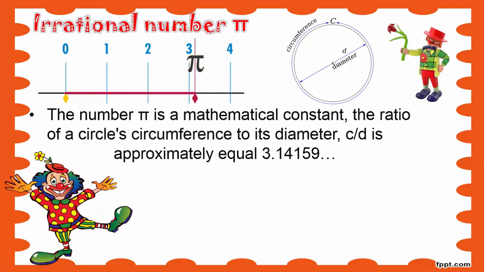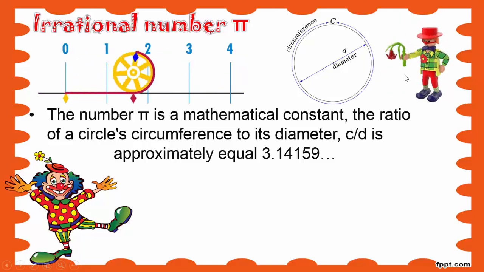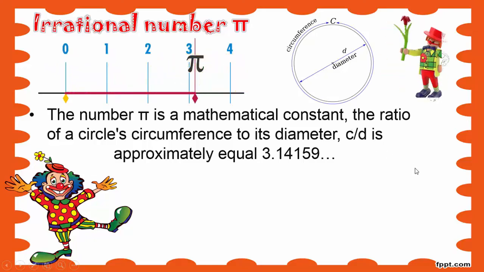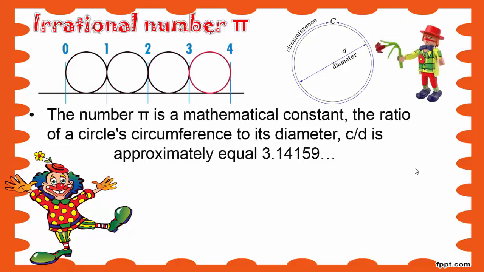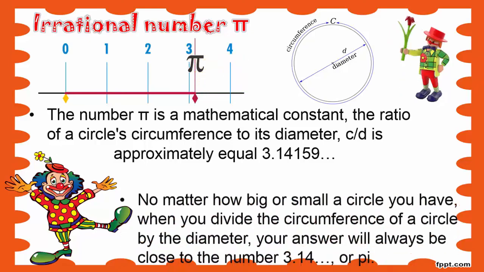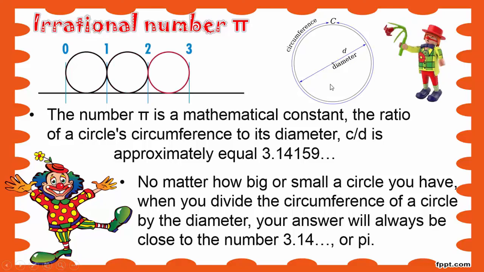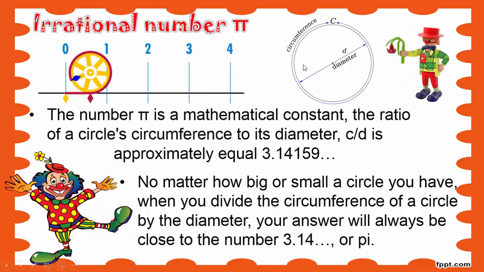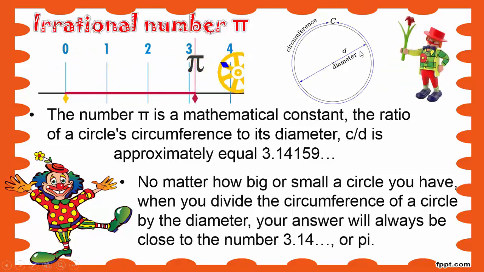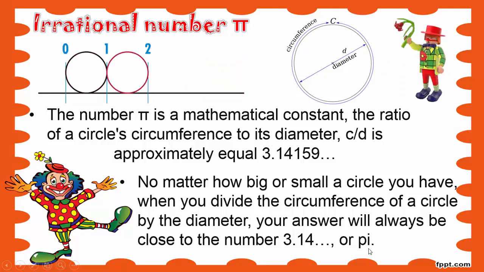Many mathematicians for years and years have tried to bring it out to the billionth and the trillionth and the quadrillionth decimal, and no mathematician has yet found a pattern where there's some kind of repetition or termination. And as mentioned, no matter how big or how small the circle is, the relationship of the circumference divided by the diameter is always 3.14, or pi.